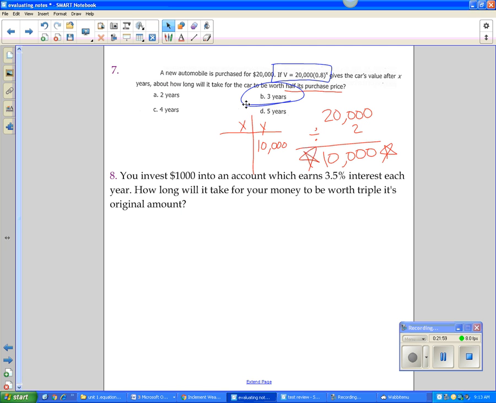Answer B. Okay. All right, number 8, you invest 1,000 to an account that earns 3.5% interest each year. About how long will it take for your money to be worth triple its original amount? Dylan, what do I need to do first? What will it be?